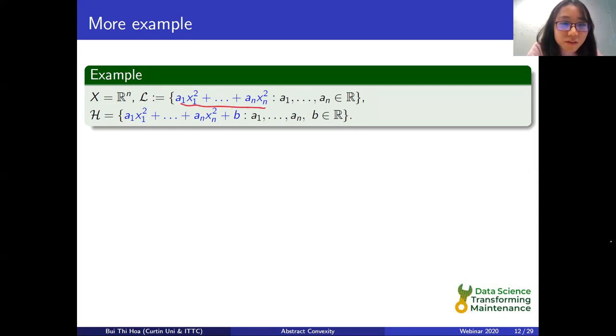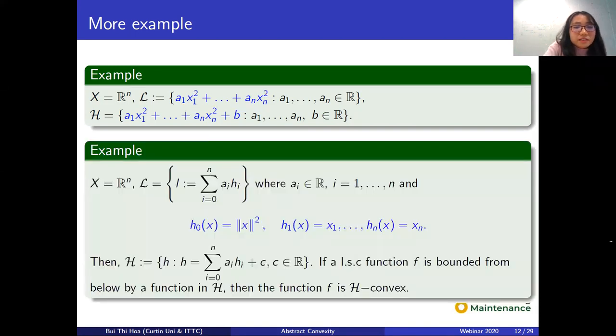If I don't consider the quadratic term here, these are standard linear functions. But if I consider the quadratic term, this is similar to the one-dimensional example, and we also have this set of abstract affine functions.